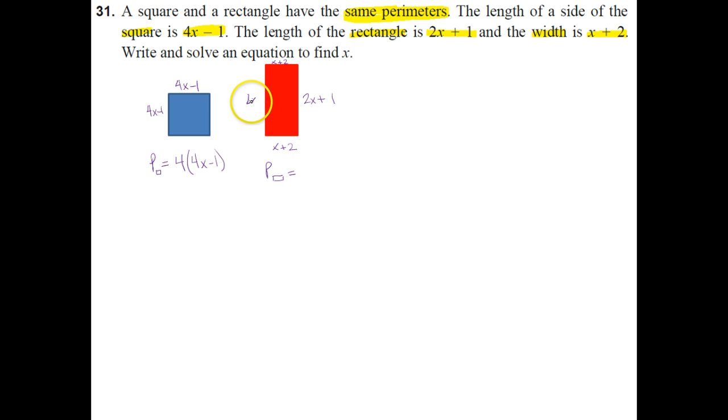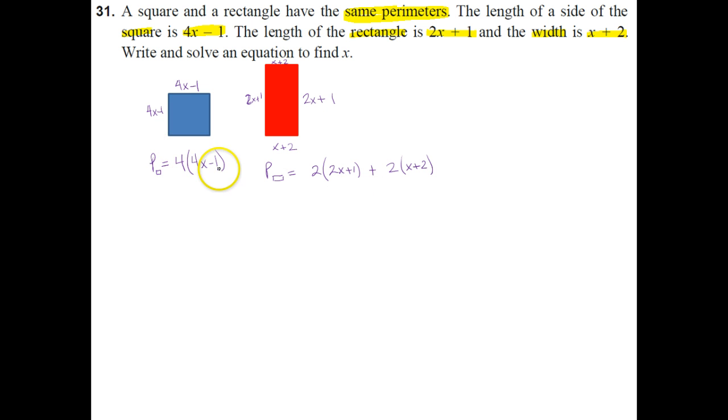There's another 2x plus 1 over here. So we got 2 of these plus 2 of those. So the perimeter of the rectangle is 2 times 2x plus 1 plus these 2, 2 times x plus 2.